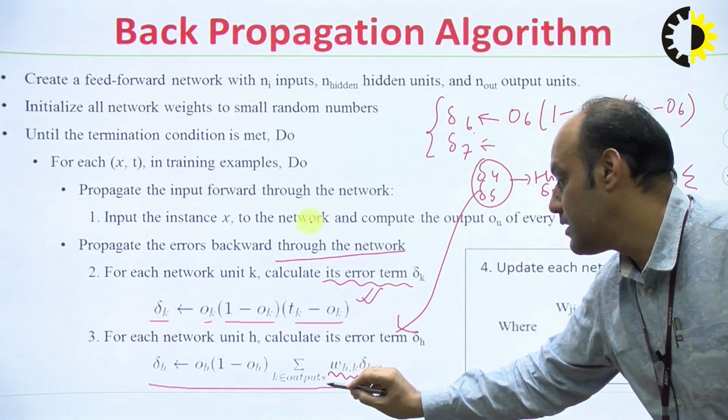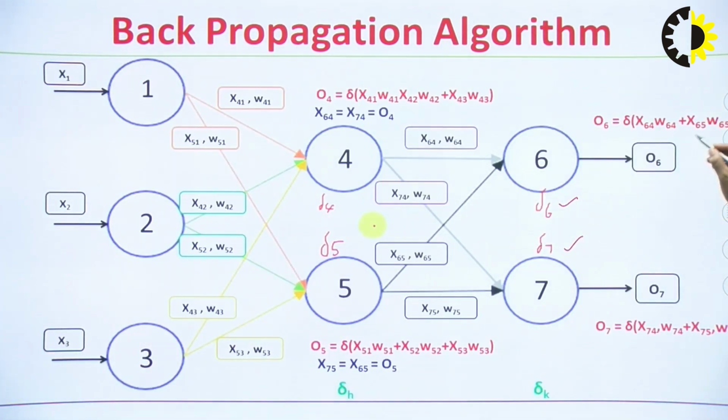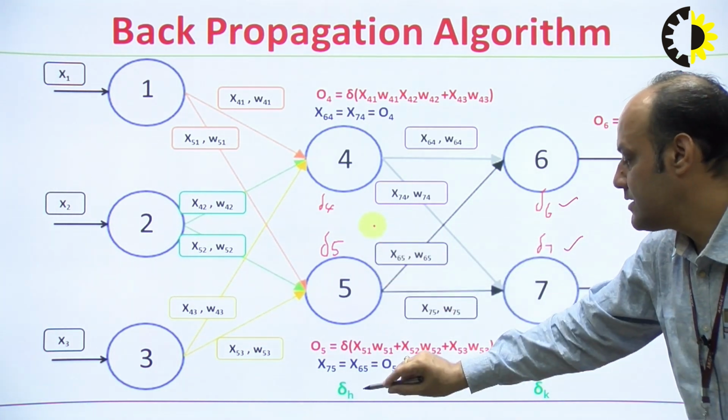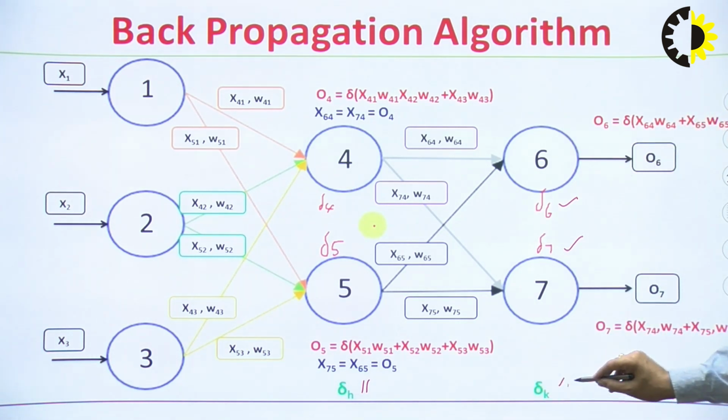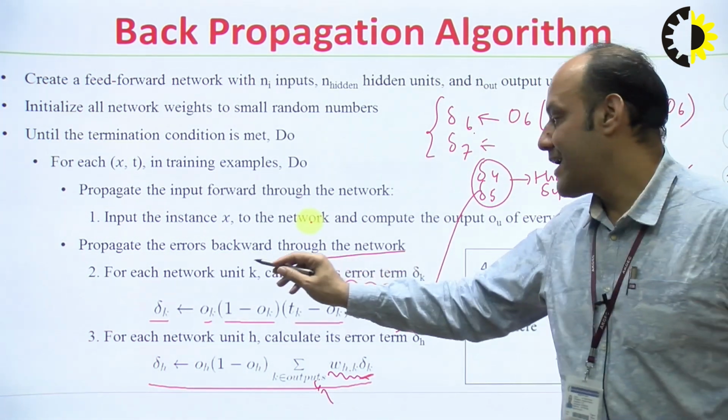For each output 6 and 7, we will calculate this term, summation of W_hk delta_k, meaning delta h will be calculated here from delta k. So the summation will be W4 delta 4, W5 delta 5. Students, so we will propagate the error backward.